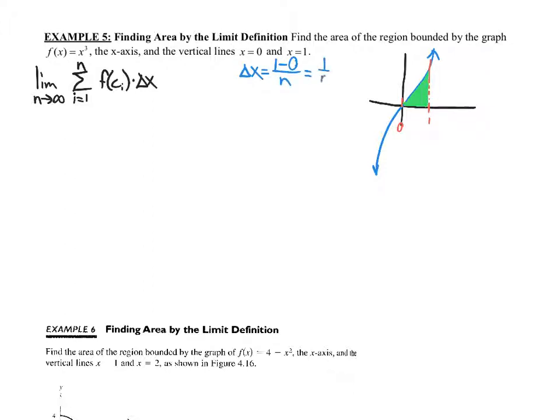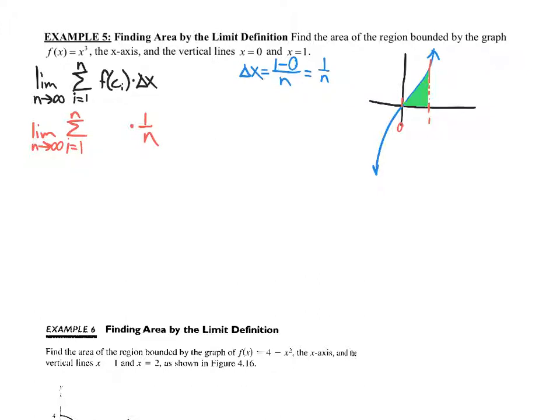So this is simply 1 over n. Okay, so now that we have the width of each rectangle, 1 over n, we'll plug that in. 1 over n, limit as n approaches infinity of the sum from i equals 1 to n of the f of c.